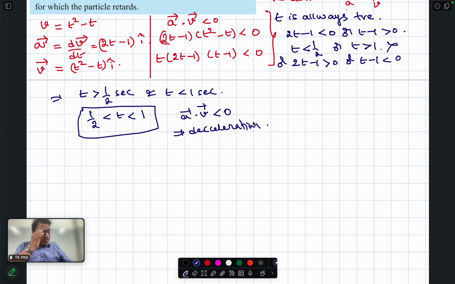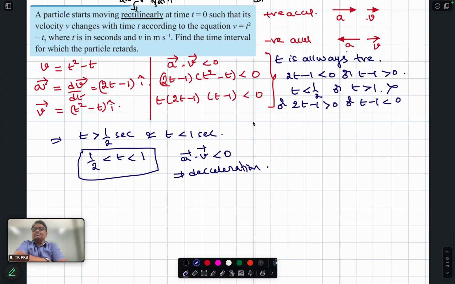What is the condition upon which you need to base to conclude acceleration or deceleration? You have to look at velocity. If a bar and v bar are along the same direction, it is called positive acceleration. If a bar and v bar are in opposite directions, it is called negative acceleration.